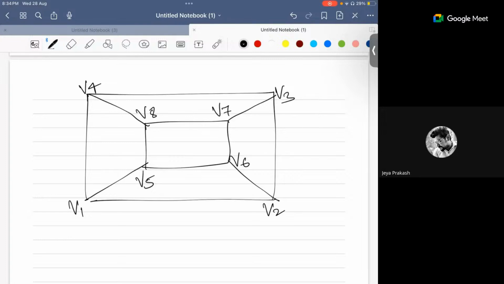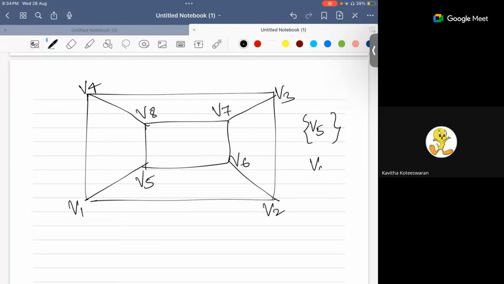Can you tell me one combination of the maximum independent set? Okay, let's first tell me one independent set itself. Can somebody tell me one independent set? That's it. I'm not asking for maximum independent set. V5, V3. Yeah, if you would have said V5 only, that is also an independent set, right? Because V5 doesn't make any edge directly.